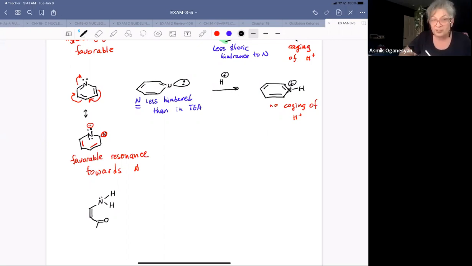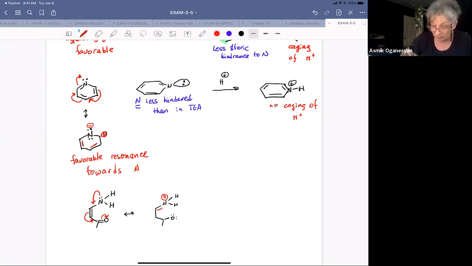So if I look at this example, the electron density is going to be taken from nitrogen, and it will resonate all the way away onto the oxygen. So we'll put a positive charge on nitrogen.